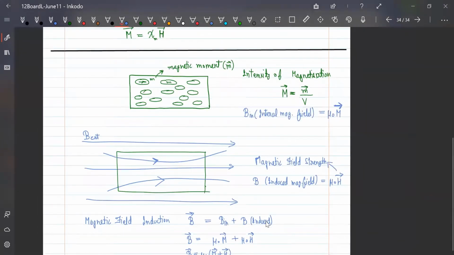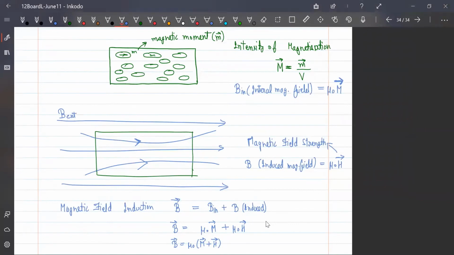टर्म्स के नाम बहुत ही सिमिलर हैं, अभी कई बार रिवाइज करना पड़ेगा तब जाके क्लैरिटी आएगी. Intensity of magnetization अंदर वाले मैग्नेटिक डाइपोल्स की वजह से, जिसकी वजह से इंटरनल मैग्नेटिक फील्ड है. उसके बाद एक्सटर्नल मैग्नेटिक फील्ड अप्लाई किया, so magnetic field induce हुआ and induce वाला magnetic field strength से रिलेटेड, that is H vector. और दोनों को सम करने के बाद नेट मैग्नेटिक फील्ड, that is called magnetic field induction, अंदर वाले की वजह से प्लस induced वाले की वजह से टोटल हो जाएगा magnetic field induction.